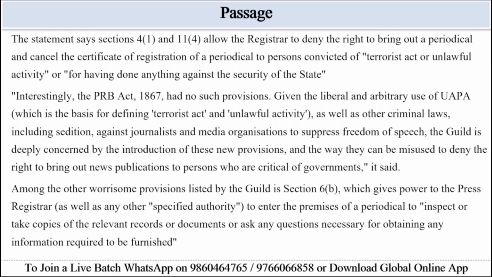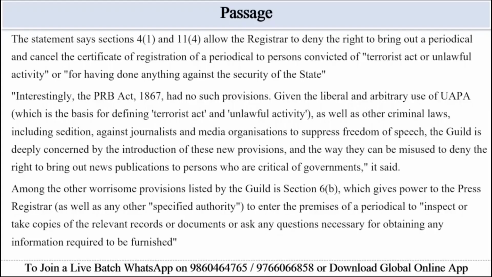It said, among the other worrisome provisions listed by the Guild is section 6B, which gives power to the press registrar as well as any other specified authority to enter the premises of the periodicals to inspect or take copies of the relevant record or document, and ask any questions necessary for obtaining any information required to be furnished.